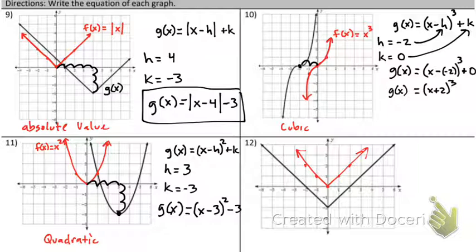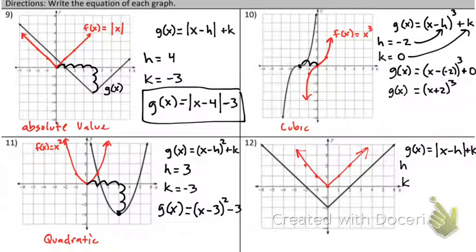All right. So we notice this is absolute value. So my new graph is going to have the absolute value in it. So absolute value, we have a shift. So we set it up like this. Now we just got to find our h and k using, basically we're counting. So how do I get from my original to my new? Original to new.